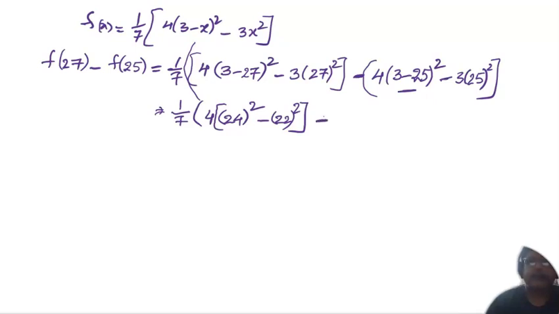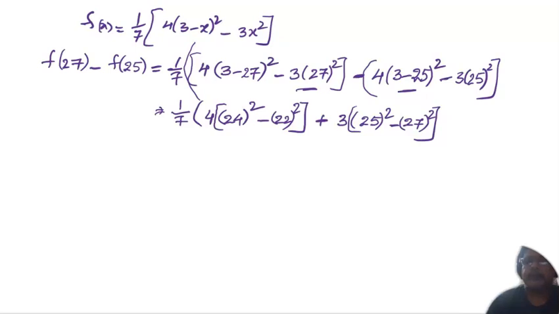So here plus 3 into 25 whole square minus 27 whole square.